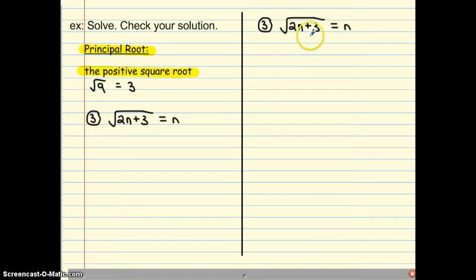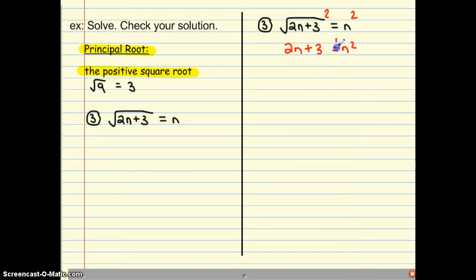So we will get started here by squaring both sides of this, and that's going to give us 2n plus 3 equals n squared.